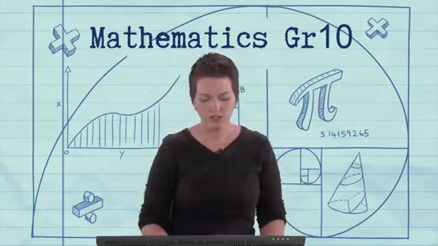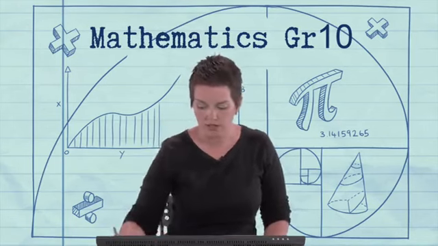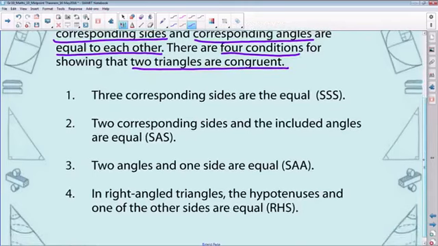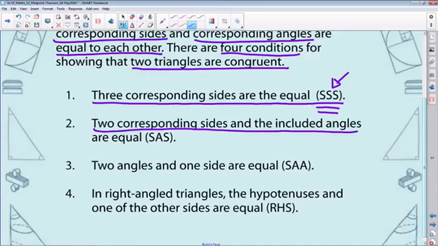So let's look at the note, and please make sure that you have written this down as well. 3 corresponding sides are equal. So that's shortcut number 1, and that's when we prove that it is side, side, side. Then 2 corresponding sides and the included angles are equal. That is side, angle, side.